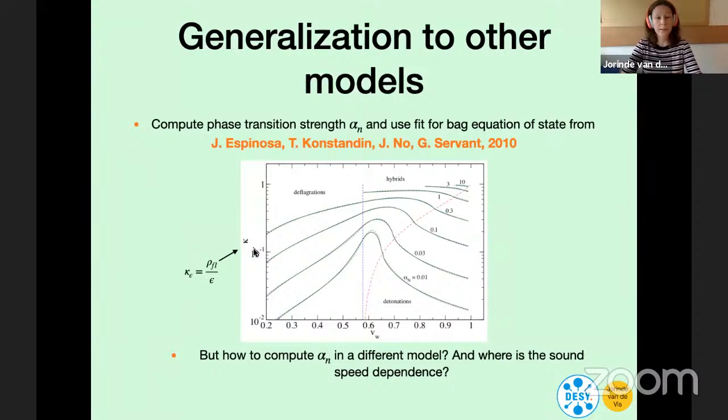In order to do that, they had to compute some phase transition strength in their model, but there's typically no bag constant in their model. So it's not completely clear how you should compute the phase transition strength in a different model. And moreover, a different model will likely not have a sound speed that is exactly 1/√3. And there's no room in the bag equation of state to account for that.